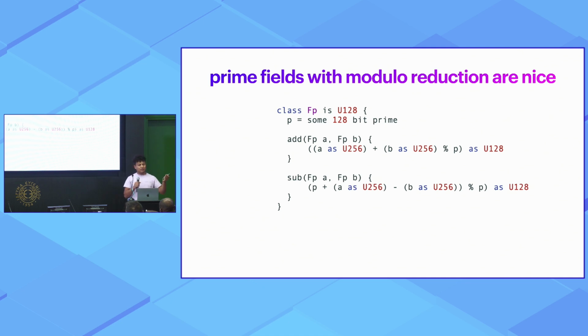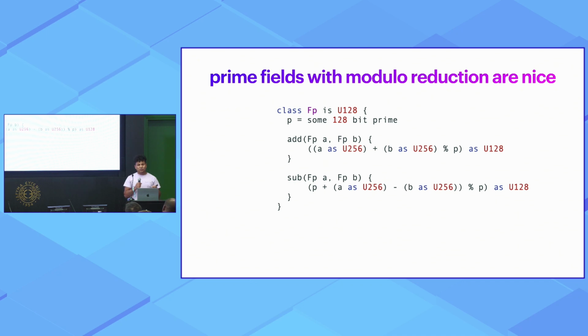Let's build a simple implementation to warm up. You have an FP, a prime field, with order P, let's say a 128-bit order. For now we have addition and subtraction, and it's very simple. We just add and then do a modulo P, and similar for subtraction.